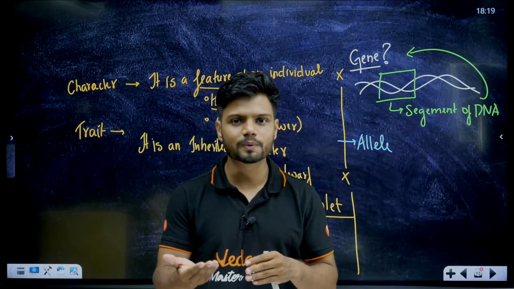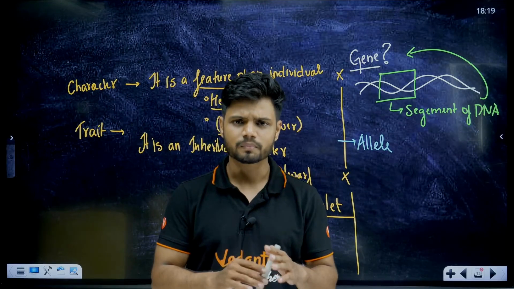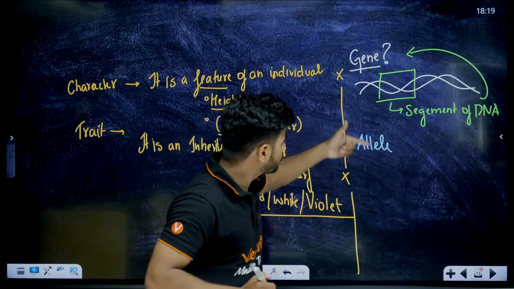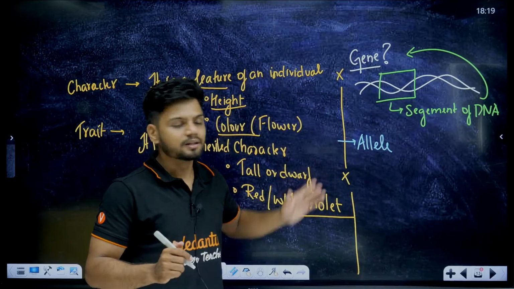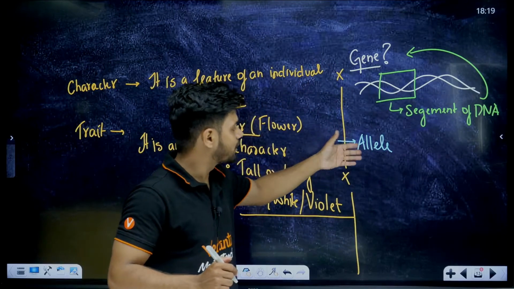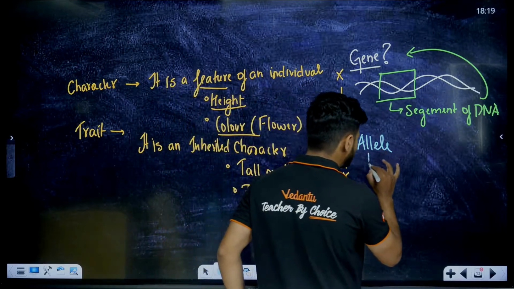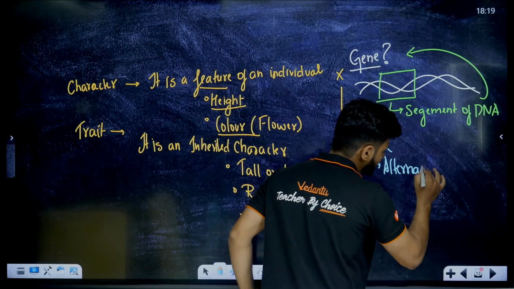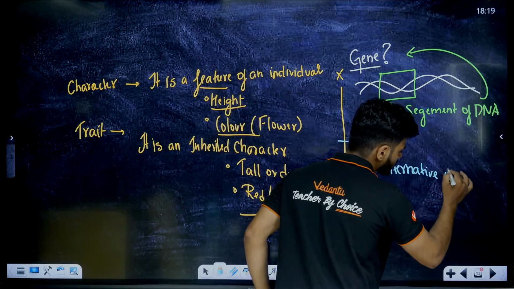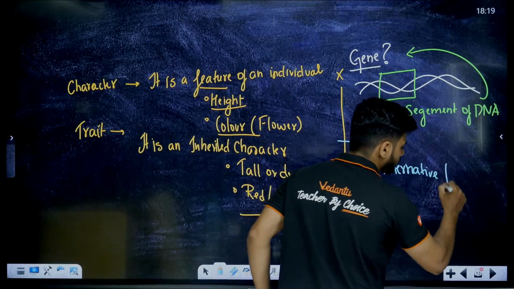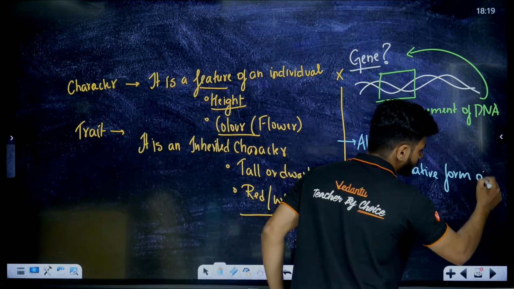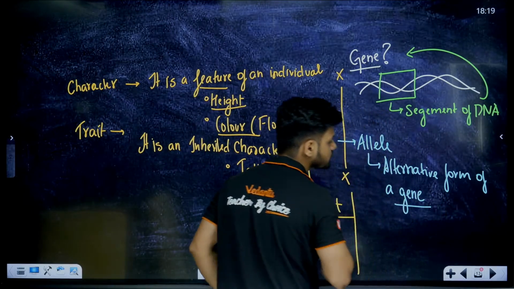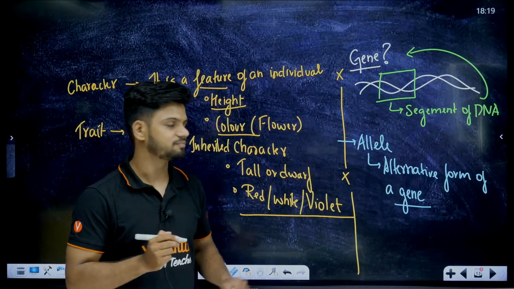If they are identical twins, they look like each other, right? So, your gene also has a twin. The twin of a gene is called an allele. So, we can write allele as an alternative form of a gene. Alternative form of a gene is called an allele.